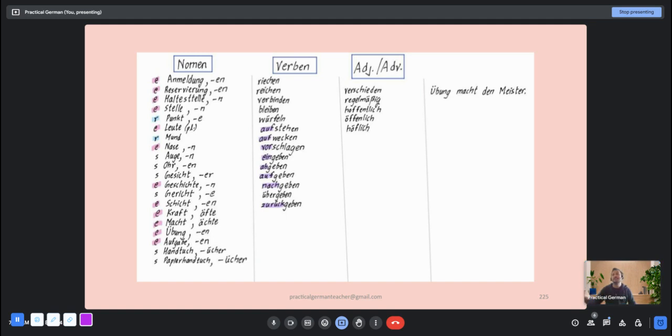Kraft is like how much force, if I'm pushing something, I need Kraft for that. Macht comes from the word machen, what can you do. So a prime minister of a country has so much Macht, but a bodybuilder has Kraft in him.